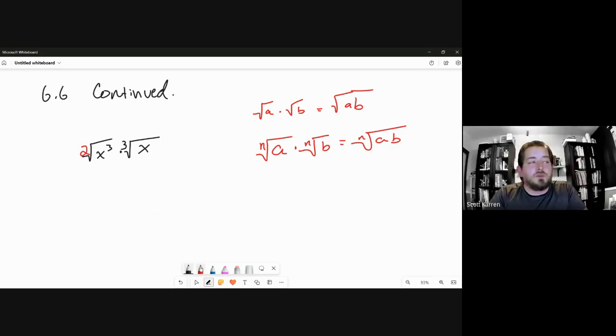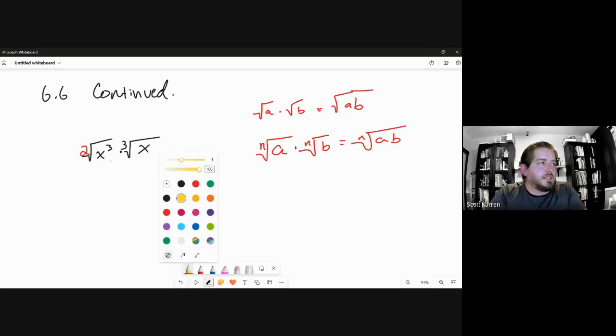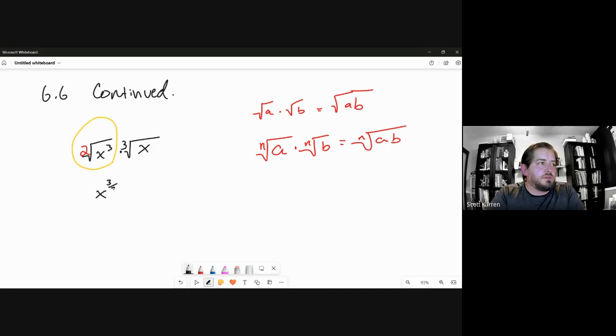So what I want to do is turn these into rational powers. This term right here is going to be rewritten as x to the 3/2 power. You just take your index and it turns into the denominator of your power.